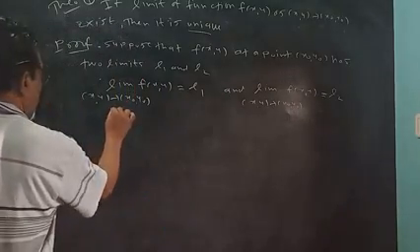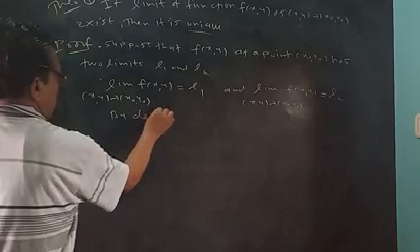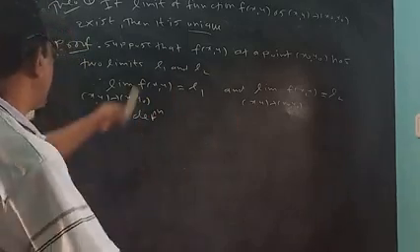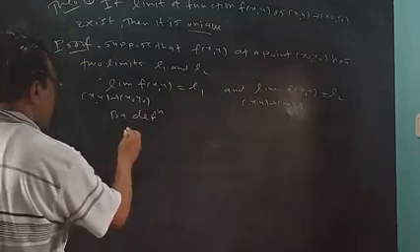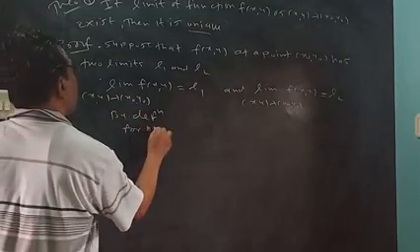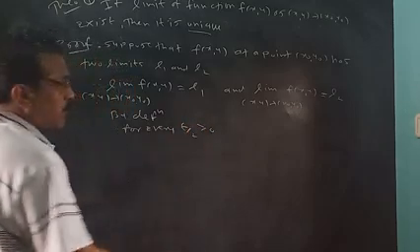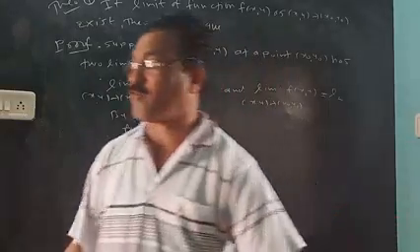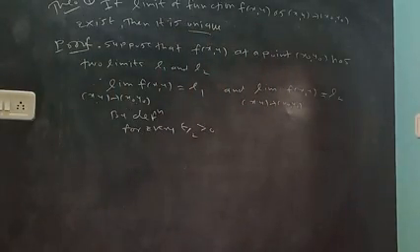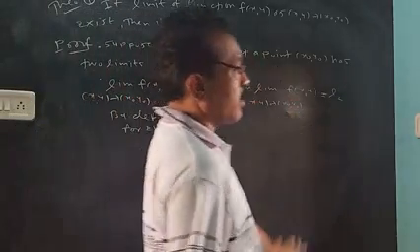Therefore, by definition, now apply the definition here and also here. First of all here. So what is the definition? For every epsilon, I take here epsilon by 2, because epsilon by 2 plus epsilon by 2 will be epsilon. Finally I want epsilon, otherwise epsilon plus epsilon is 2 epsilon, so avoid this.